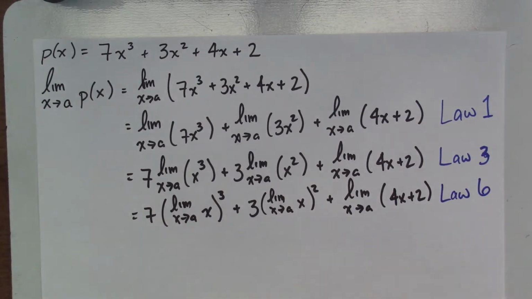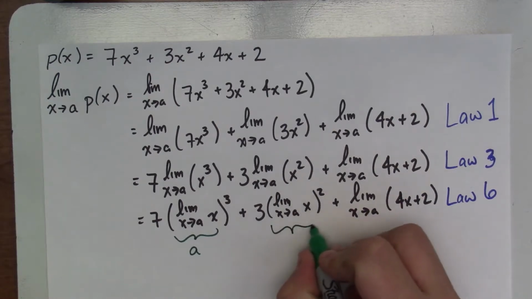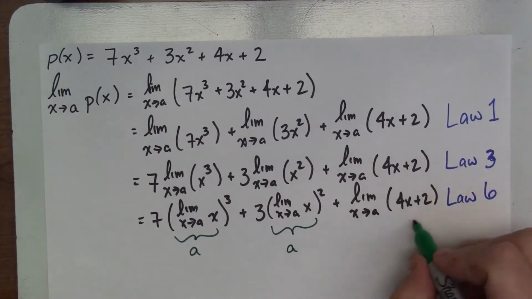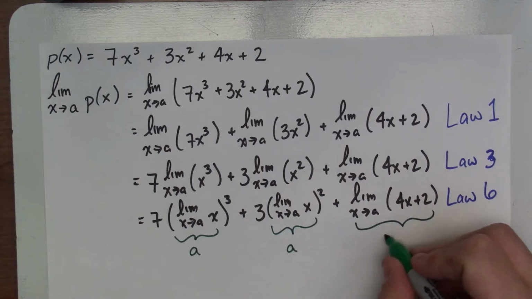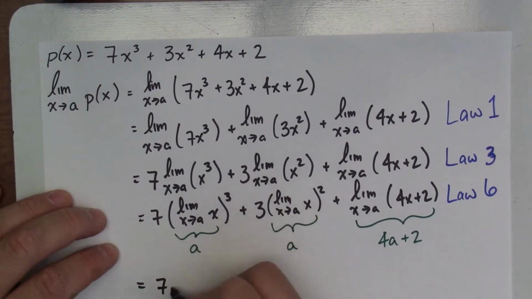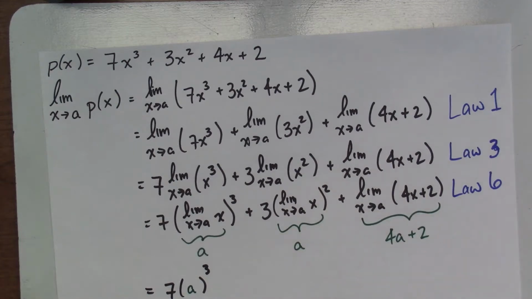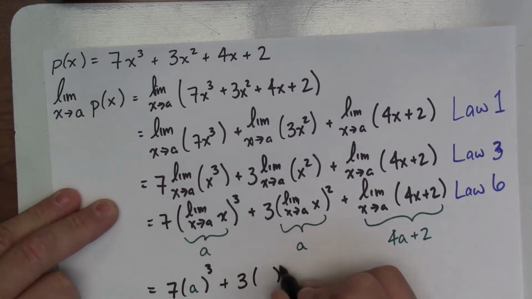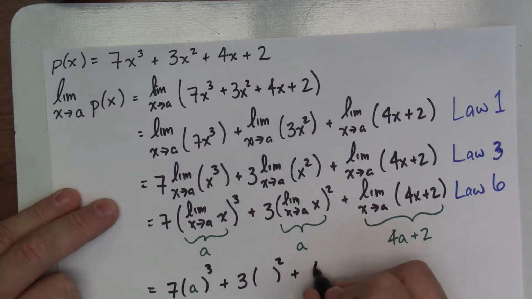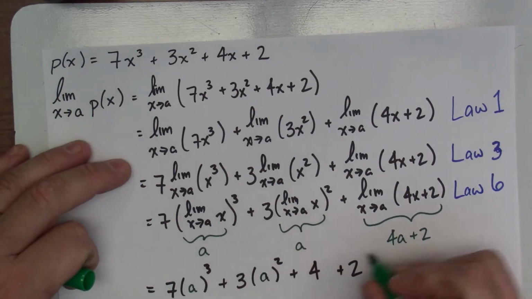Now, definitionally, the limit as x goes to a of x is simply a. Similarly here, and this is just 4a plus 2. So what I have here is this whole limit is 7a cubed plus 3a squared plus 4a plus 2, and I'm going to come back in and fill in these a's.